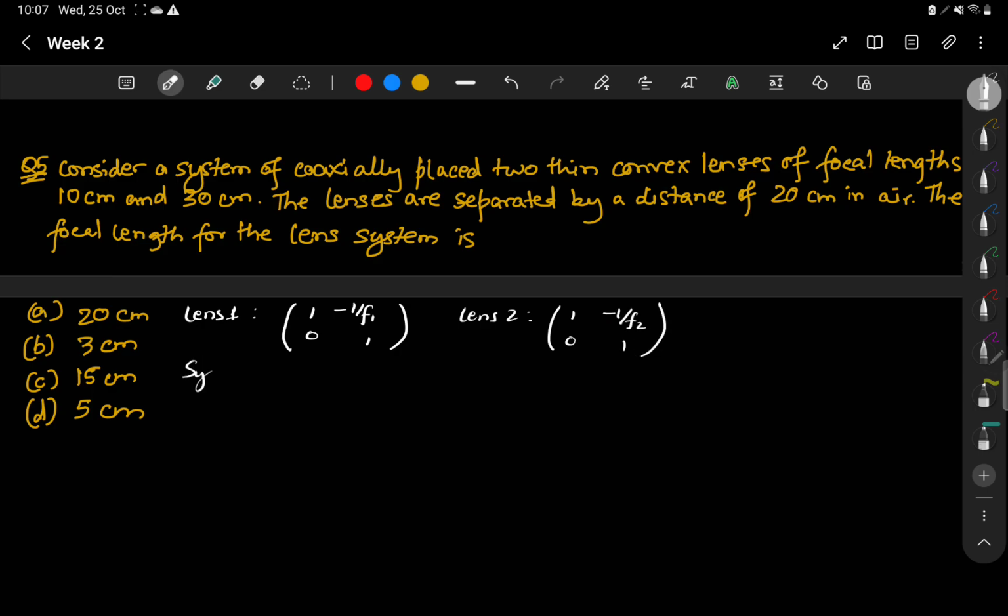So a system matrix would be lens 2 times the transmission between the lenses times lens 1. Transmission is very simple. T is the distance of transmission.